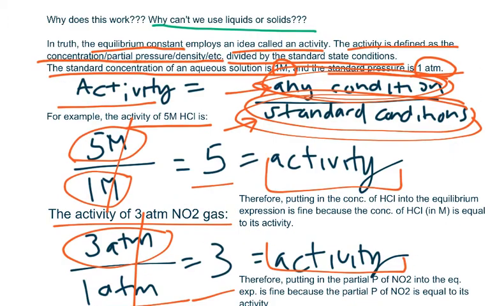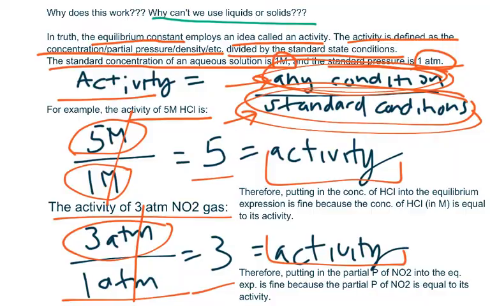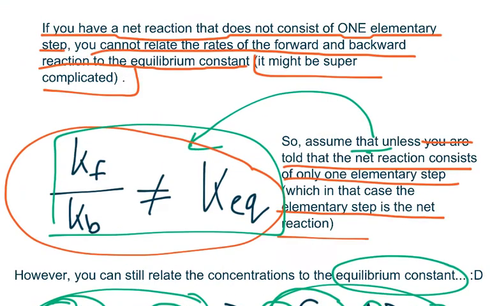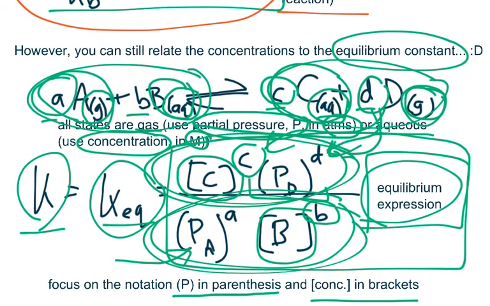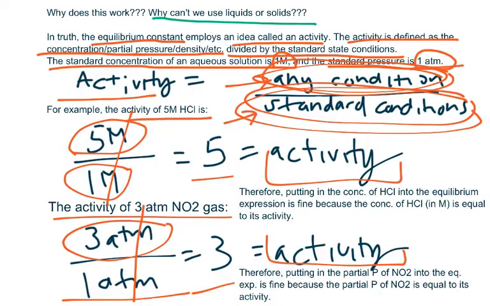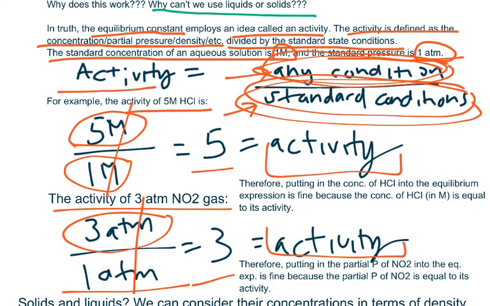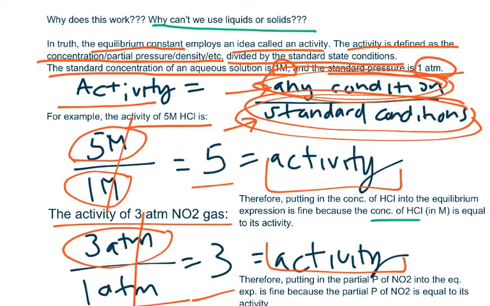So, why am I talking about this? Well, if you remember from the previous slide, I told you that you have to put your pressures in atmospheres and your concentrations in molarity. And why is that? Well, it's because the concentration of HCl in molarity is numerically equal to its activity.